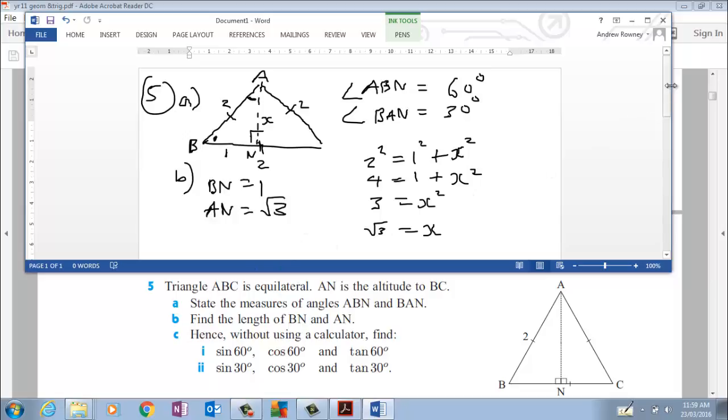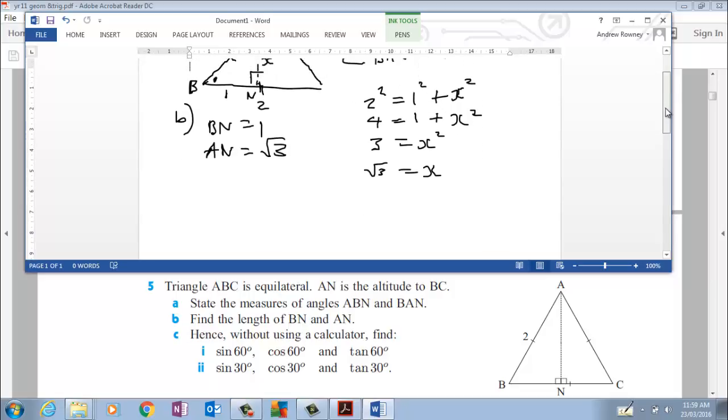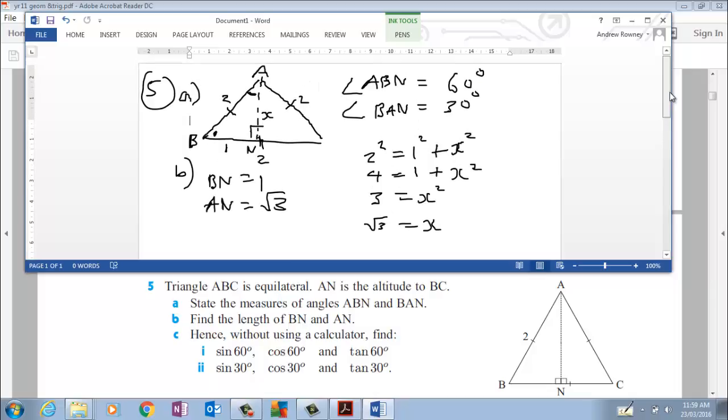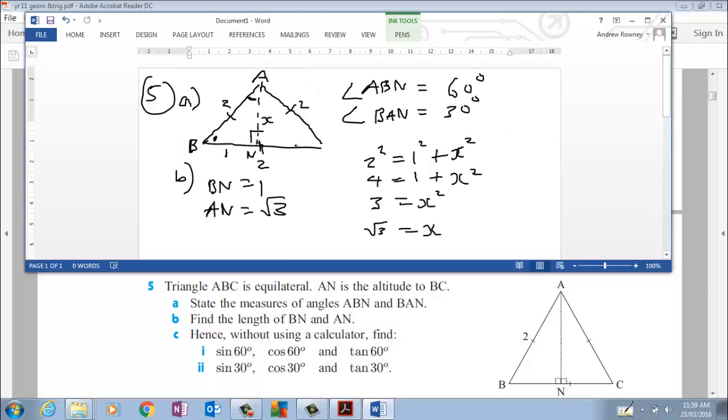Now part C is asking for sine, cos and tan. Now to do that, we only have to look at half of the triangle because we need to do sine, cos, tan for a right angled triangle. So we're going to be looking at this one here.